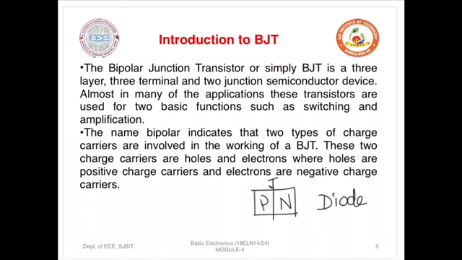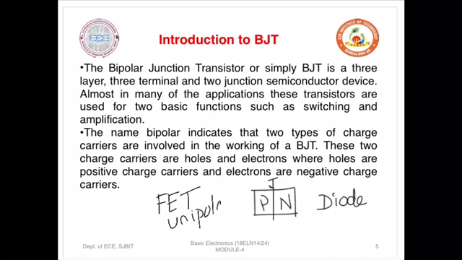Whereas when we discussed FET, we called those devices unipolar, because in FET the conduction was due to only one type of charge carrier. But in BJT, it is due to 2 types of charge carriers. That is why they are called bipolar junction transistors. These 2 charge carriers are holes and electrons. As we know, holes are positive charge carriers and electrons are negative charge carriers.